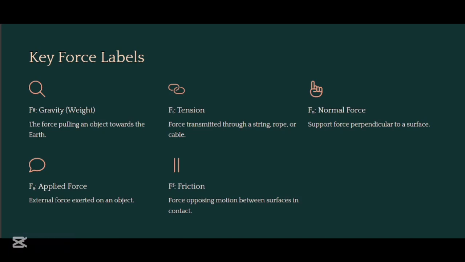The normal force is denoted by F subscript N, its support force perpendicular to a surface, and applied force is known as F subscript A, which is the external force exerted on an object. Friction is denoted as F subscript F, force opposing motion between surfaces in contact.